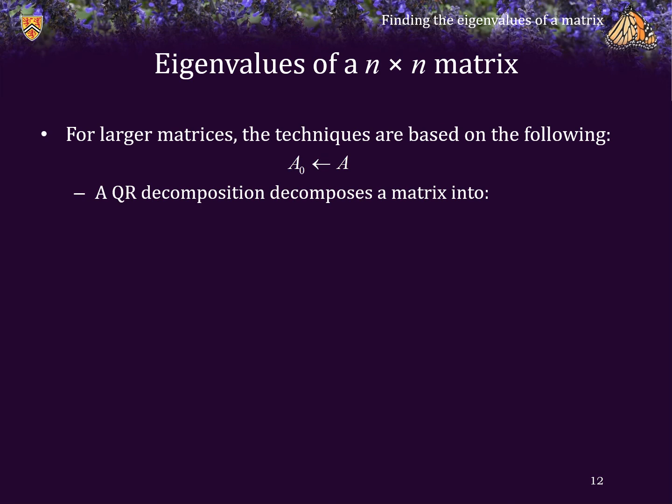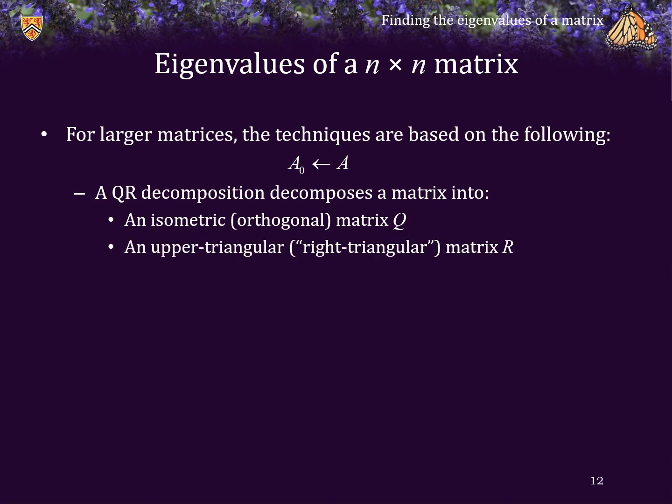However, a QR decomposition decomposes a matrix into an isometric, or for real matrices, an orthogonal matrix Q, and an upper triangular or right triangular matrix R, essentially saying that all the entries below the diagonal are zero.